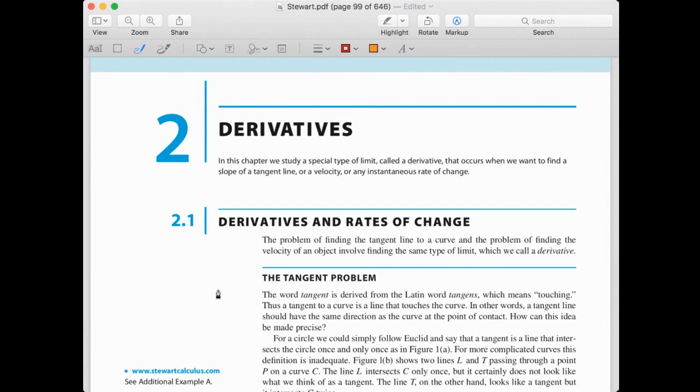If it's a nonlinear function, we can talk about the rate of change at a certain point. And gradually we give it a name: we call it differentiation or derivatives. At a certain point, what is the change of one variable in terms of the other variable? So derivative is all about rate of change, right?